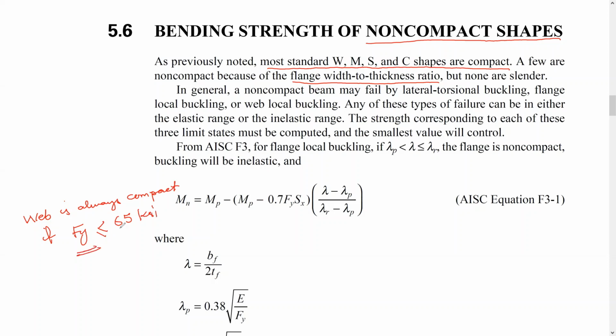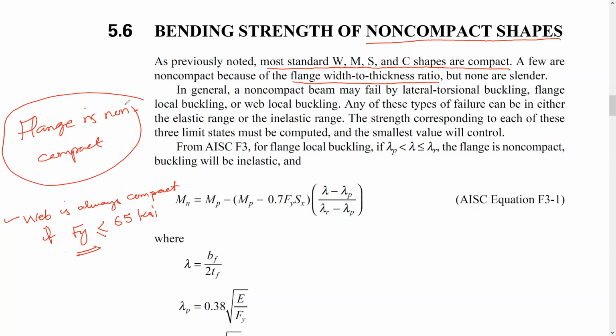If the yield stress is less than 65 ksi, it means the web is compact. But if the flange in this case is non-compact, it means the whole cross-section will be non-compact, so we need to design it based on non-compactness criteria.